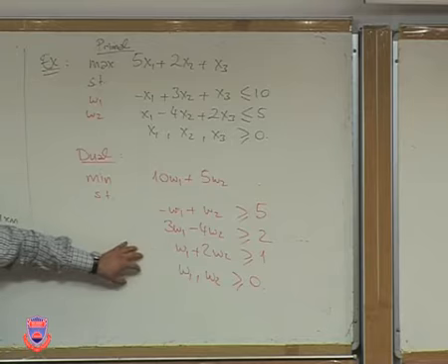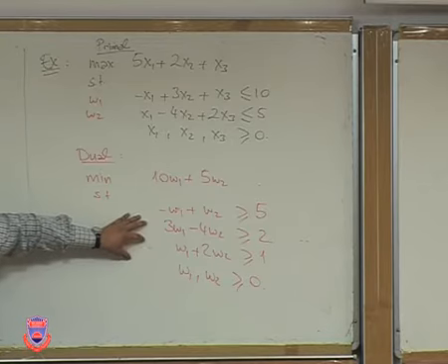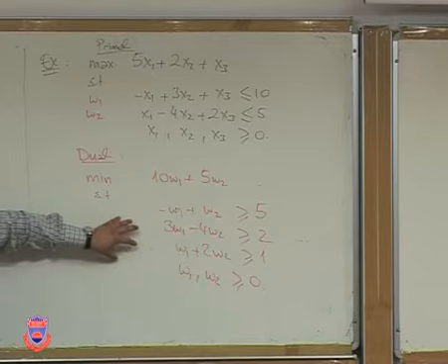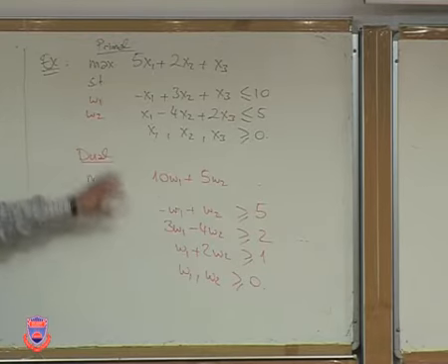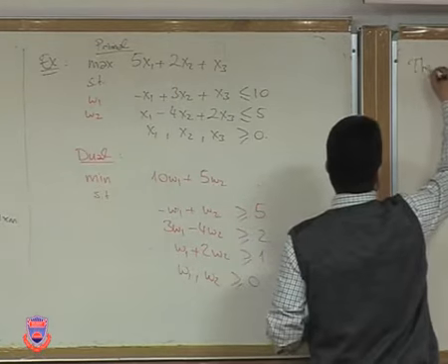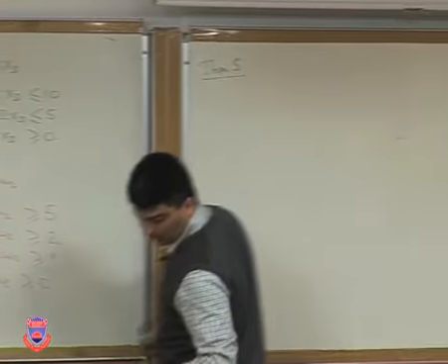So now I'm going to use this as my starting point. And I'm going to take the dual of this problem and try to see if there's a relationship between it and the primal problem. So that's actually a theorem. This is theorem number 5, I think.